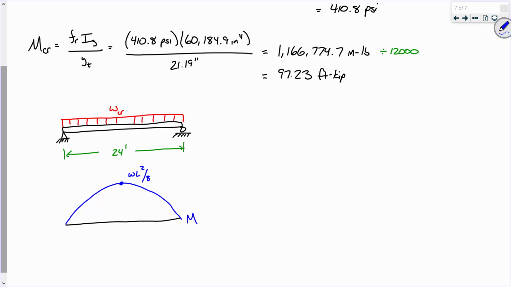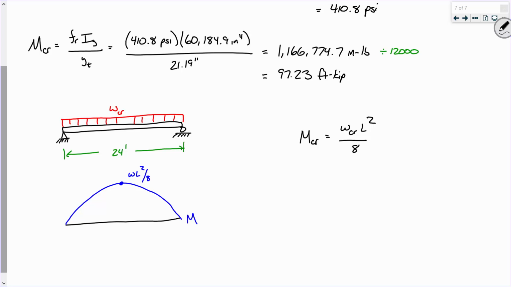But if we're trying to determine the load that causes cracking, we're trying to figure out how much load will generate a moment of 97.23 foot kips. So that's how we handle this. We say that our cracking moment is WL squared divided by 8, and we solve for the load.